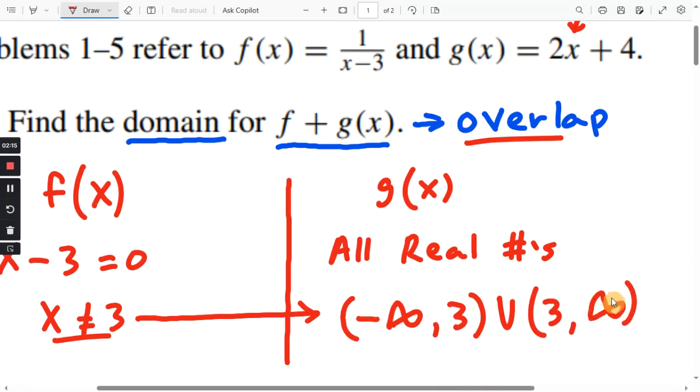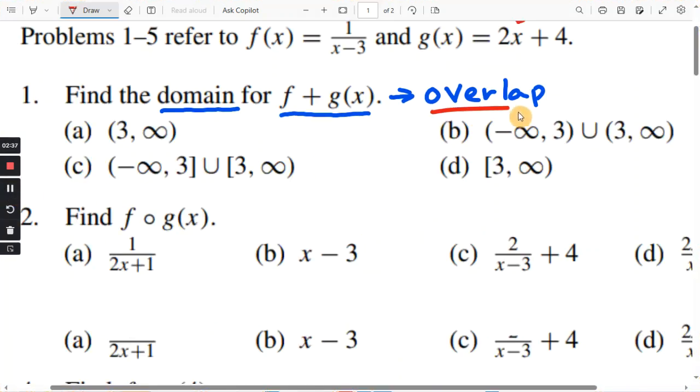So this right here says it goes all the way from negative infinity, but it doesn't include 3. See, the rounded parenthesis on the 3 means it's not included. You always use the rounded parenthesis on the infinity. So this is how you write everything, all real numbers except for 3. So that is answer B right there.